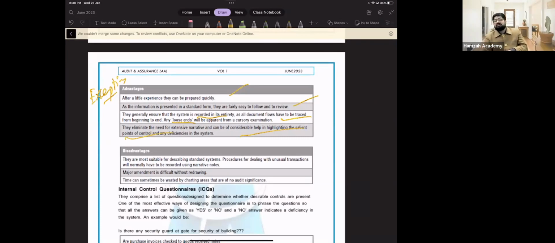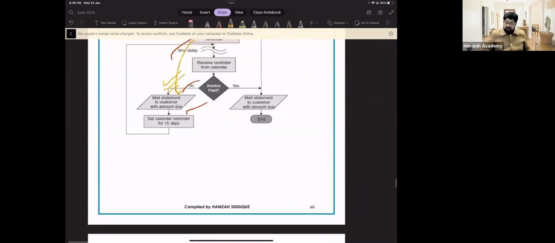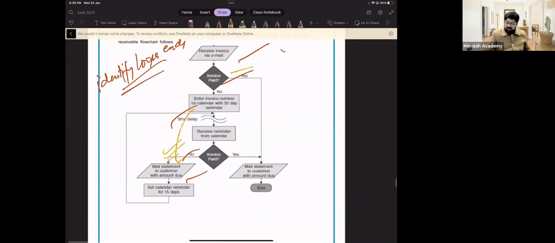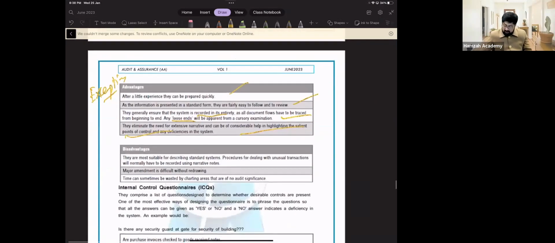But in exceptional circumstances, we have to contact the sales director as well, the finance director as well. Then you have to write additional things along with it, for example, in narrative notes for the exceptional circumstance. So this is a drawback. Unusual transaction.